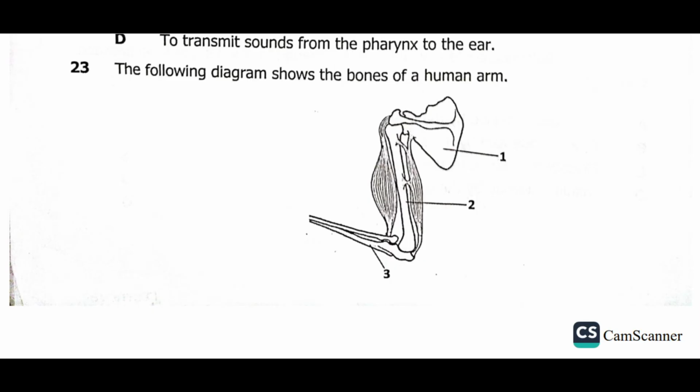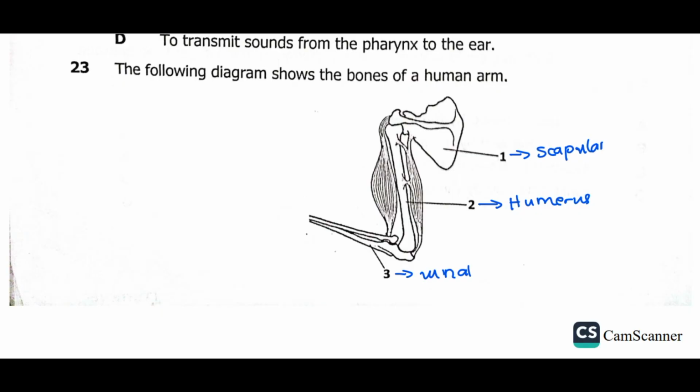Then 23. The following diagram shows the bones of a human arm. So our 1 is scapula. Then our 2 is humerus. Then our 3 is ulna. Then the one on top is radius.